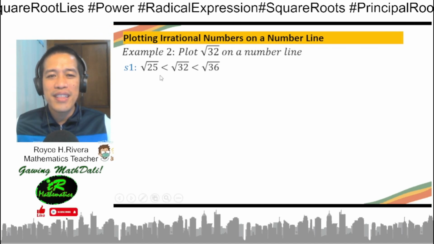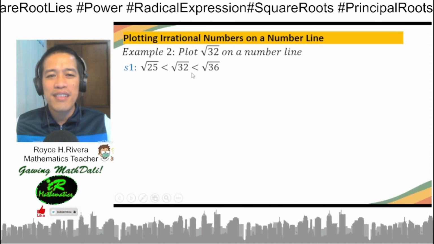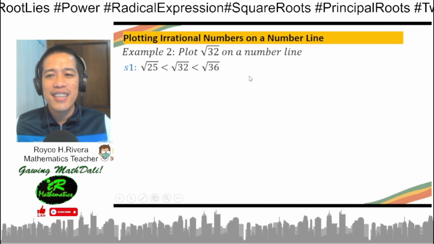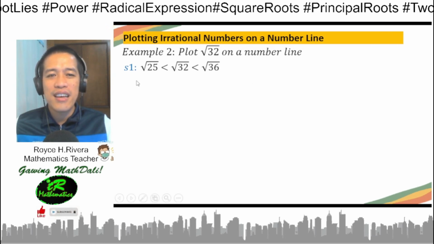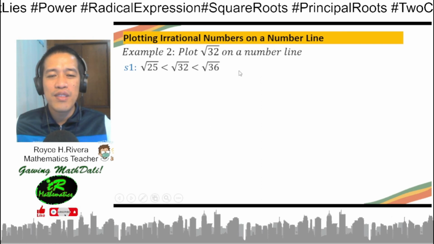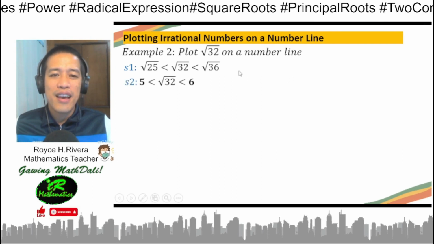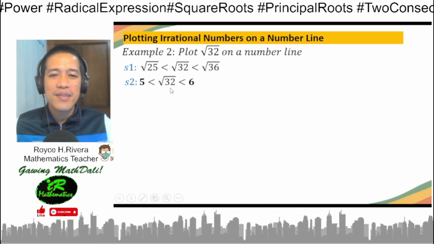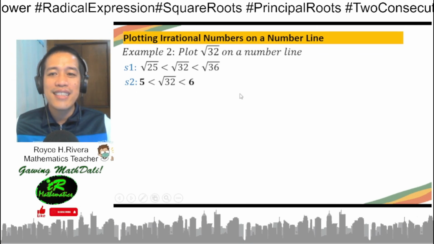The square root of 25 is less than the square root of 32 and less than the square root of 36. Step number 2, we extract the principal root of the two perfect squares. We have 5 and 6. 5 less than the square root of 32 less than 6.